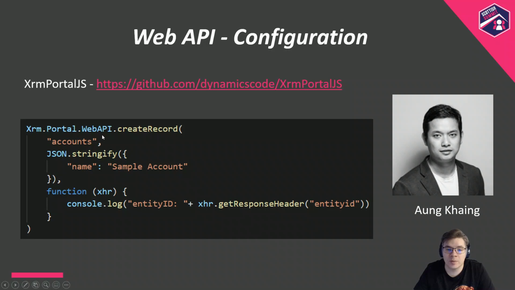So instead of remembering what type you need to provide, and don't forget to include content JSON, you can just use it as you usually use in the Dataverse. So you can call xrm.portal.webapi and then create record or update record or delete record and relative information and two optional parameters to handle the results or error.